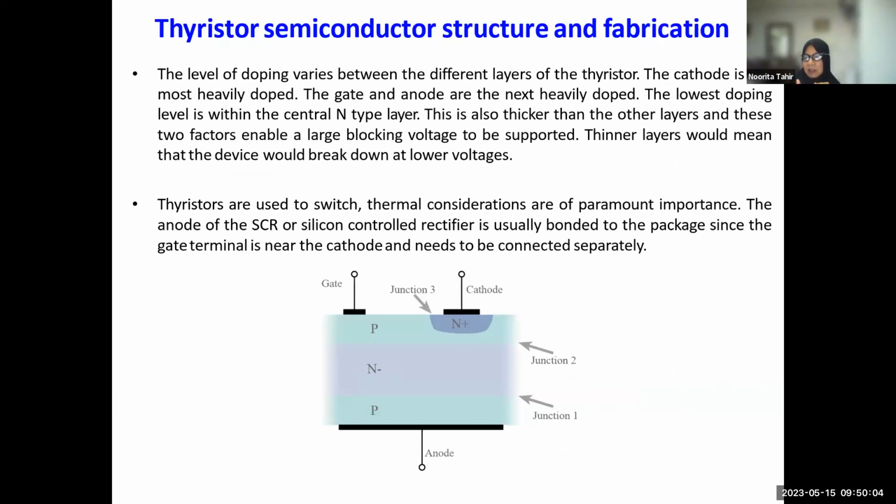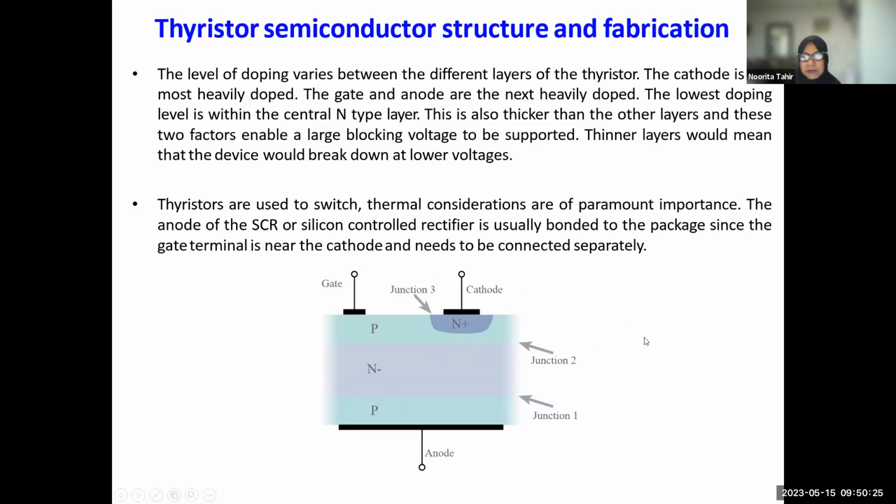The lowest doping level is between the N here, which is junction 3. Remember, the gate is here, and here is the anode. So thinner layers would mean that the device will break down at lower voltage.